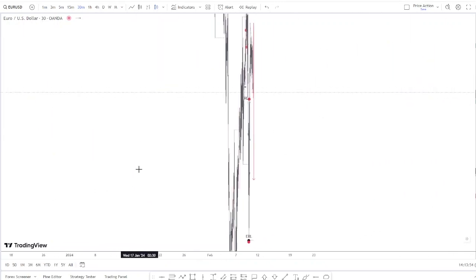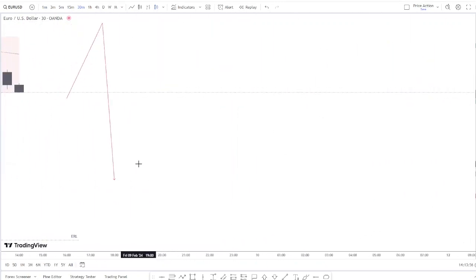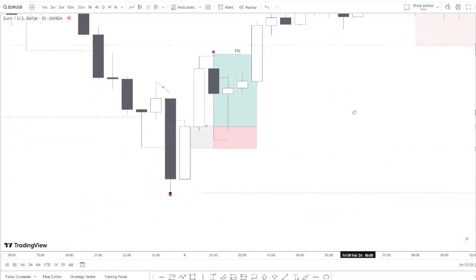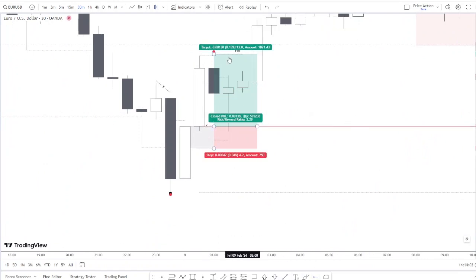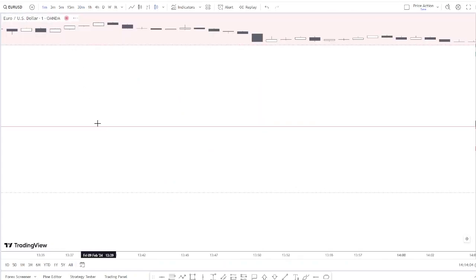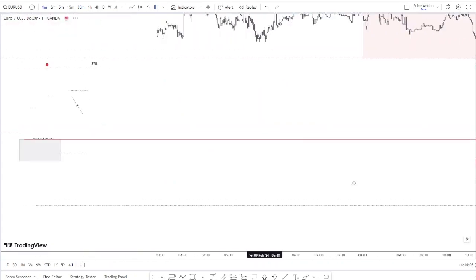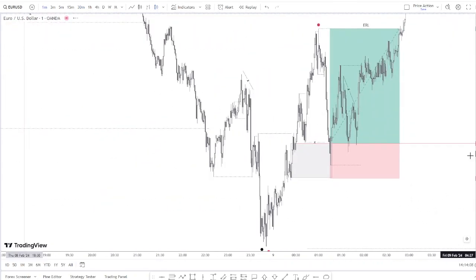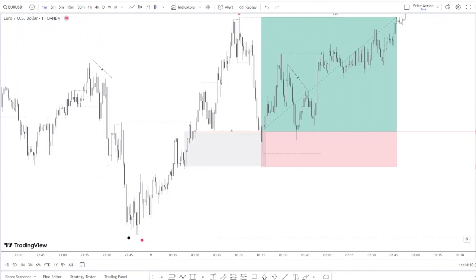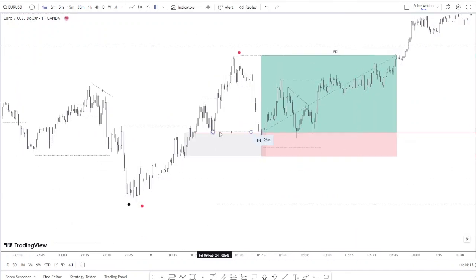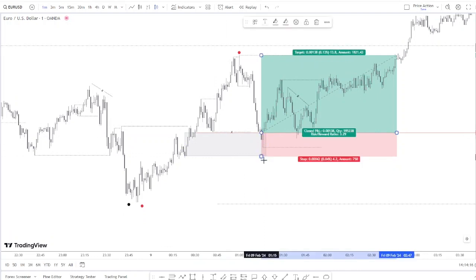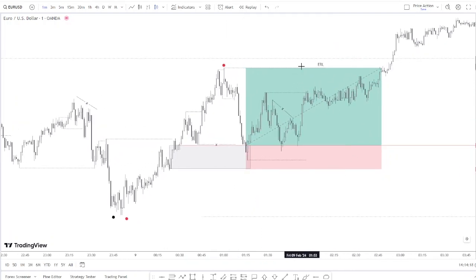So if we go and check, in M30 we have our unmitigated wick here, okay? Then we went to my entry time frame, M1, and we have internal range liquidity just above the POI. Set my entry there, stop loss below, and went to target.